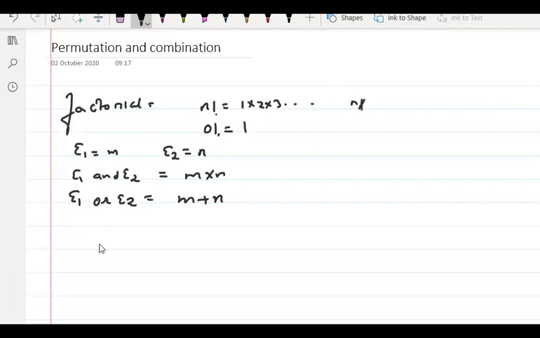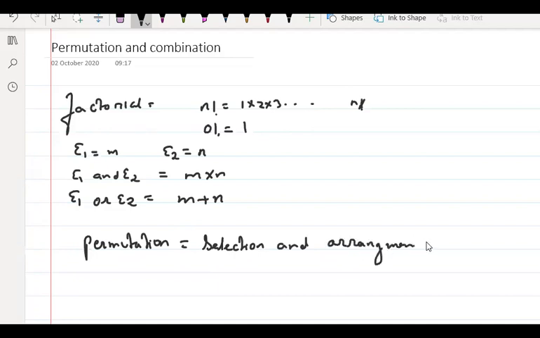Then we studied permutation. What was permutation? Permutation was the number of ways of selection and arrangement of R objects out of N objects.